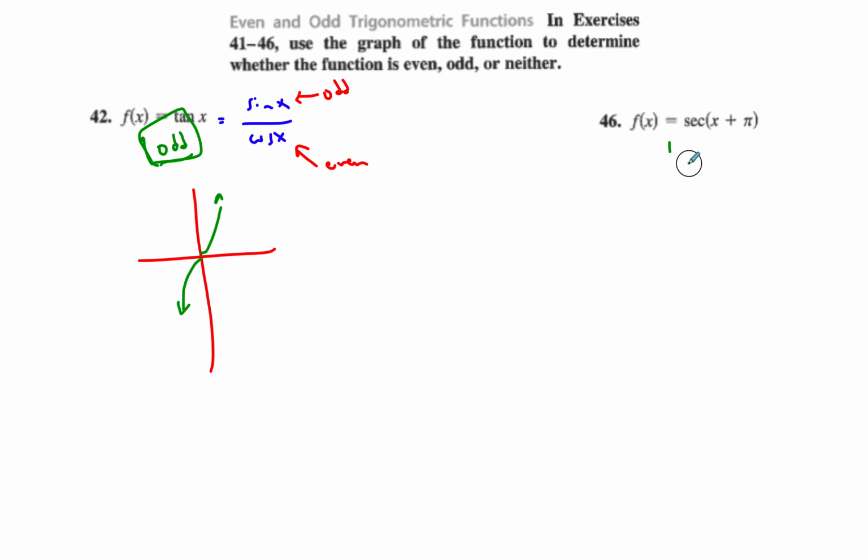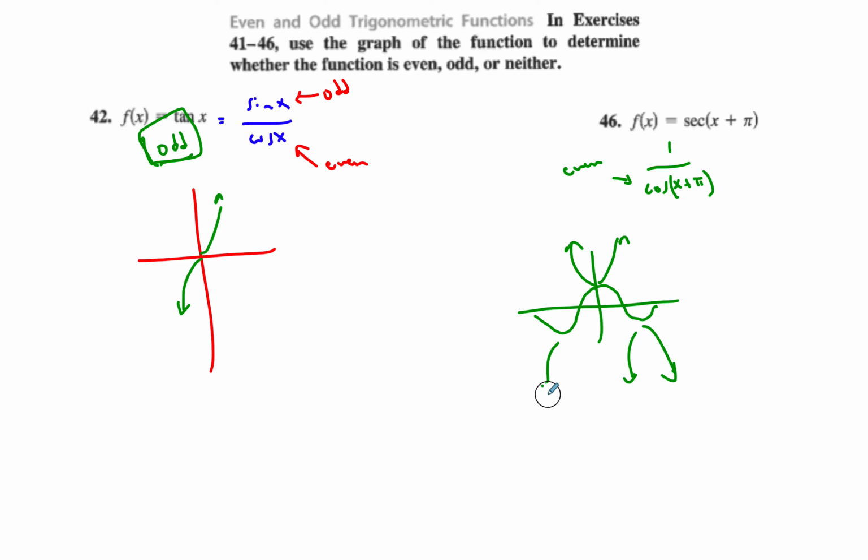Now, secant is related to cosine. So cosine, if you'll remember, is an even function, which means when you look at secant, it's symmetrical about the y-axis, which means that secant itself is also an even function.